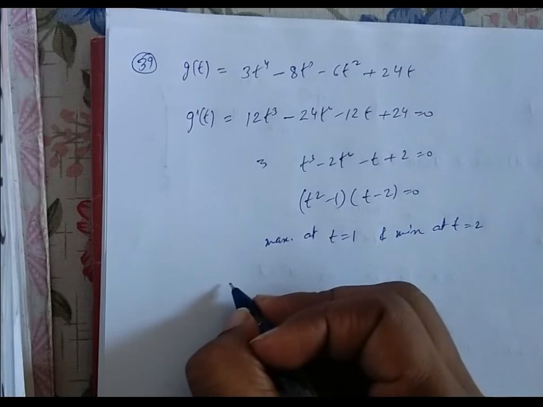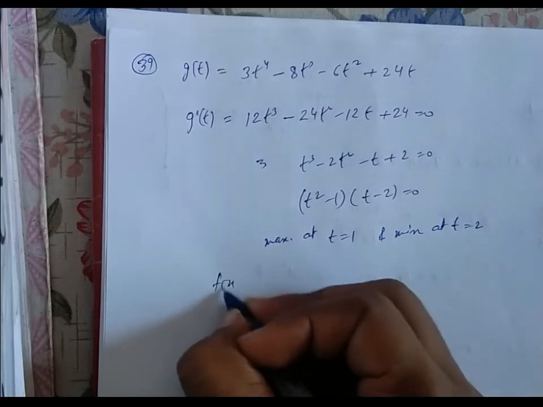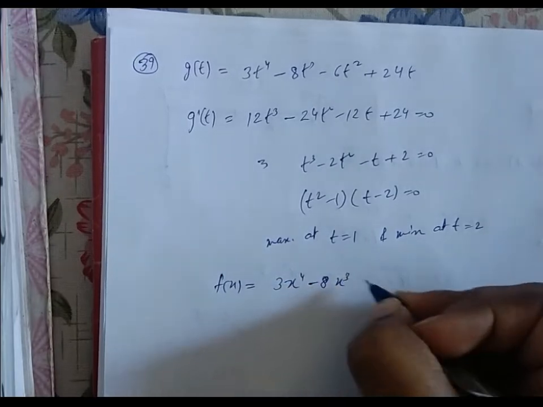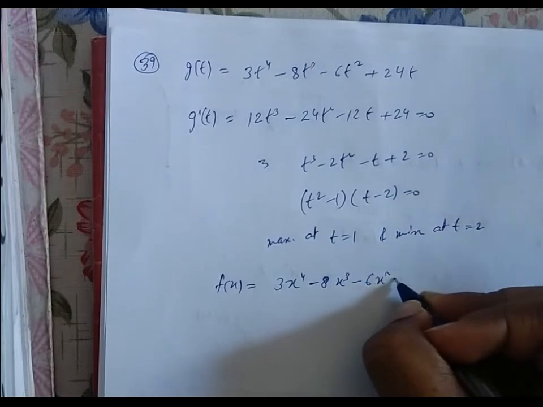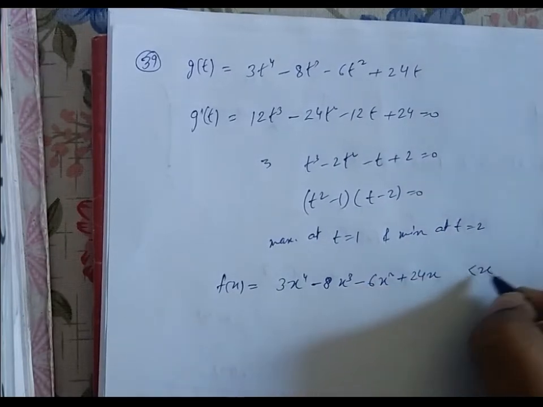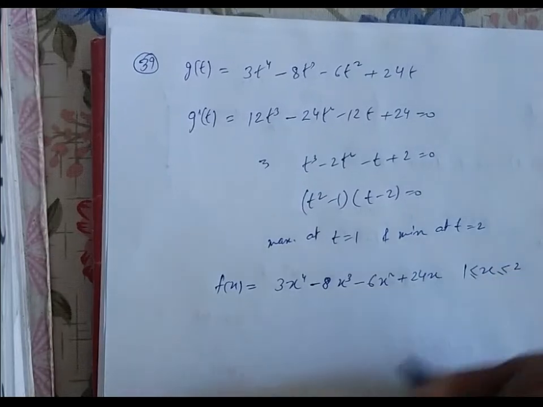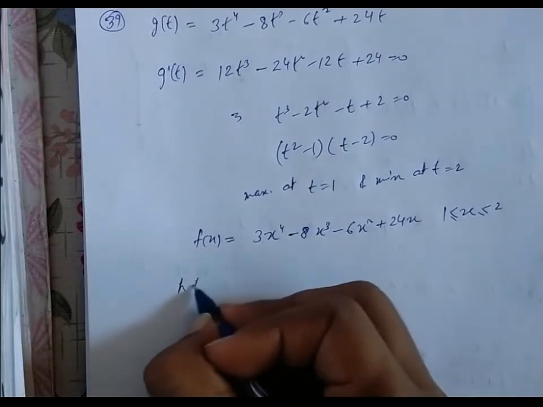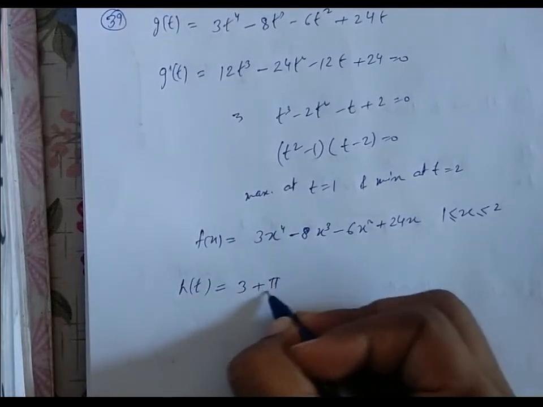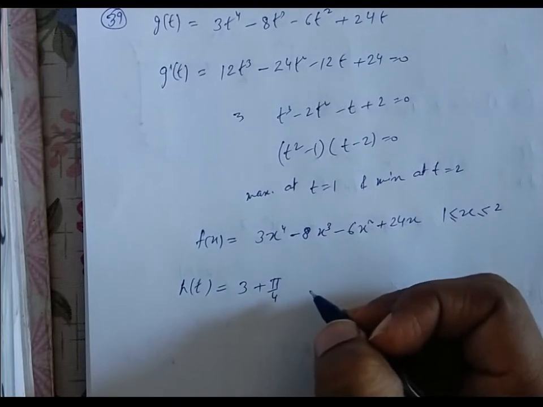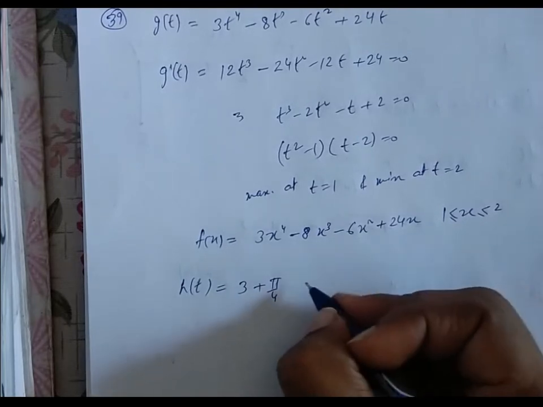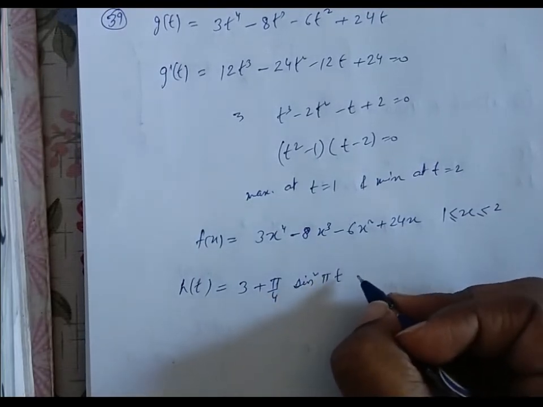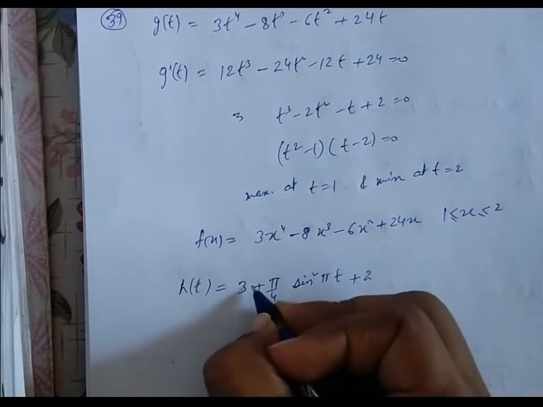Okay, so fx would be 3x power 4 minus 8x cube minus 6x square plus 24x when x is between 1 and 2. Okay, now h of t would be 3t plus 1 by 4 sine square pi t plus 2.